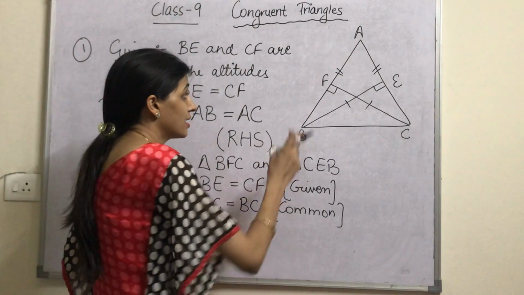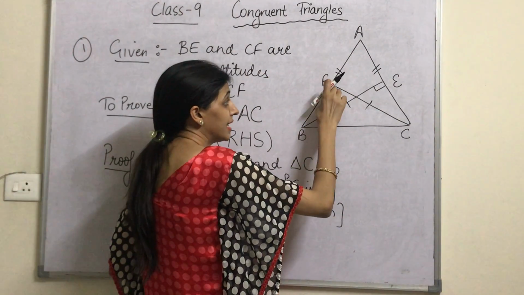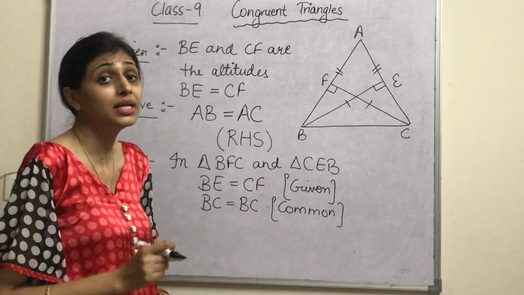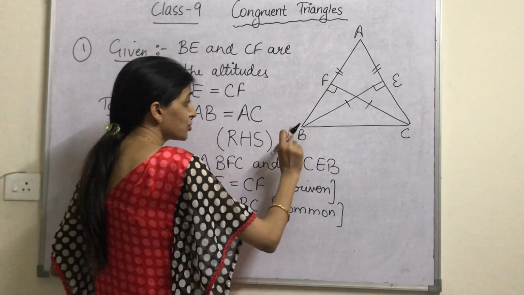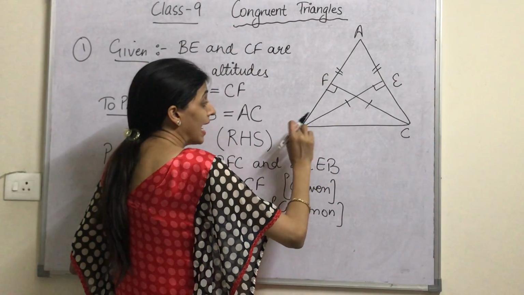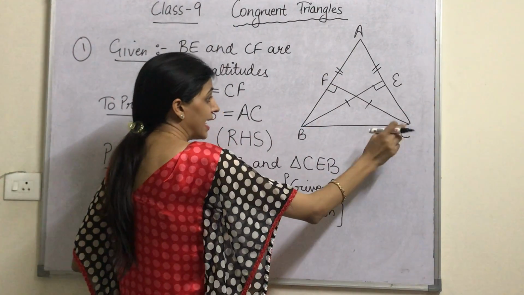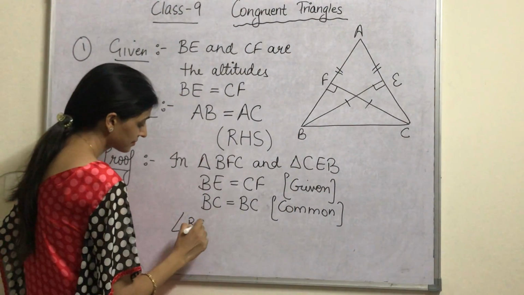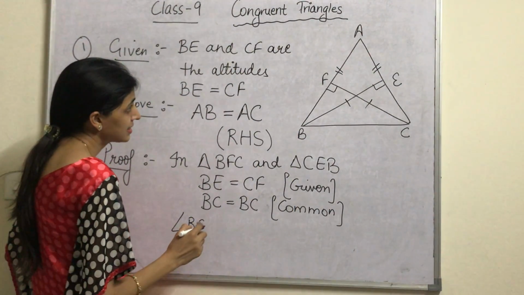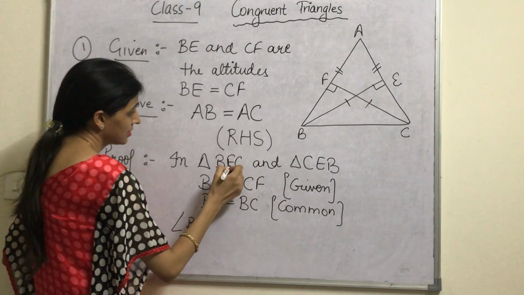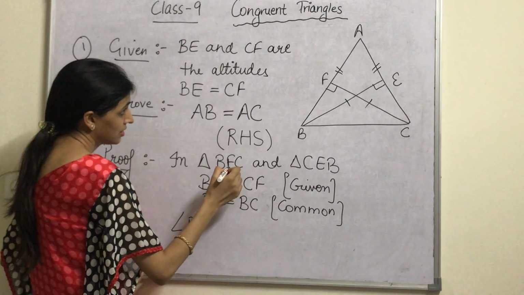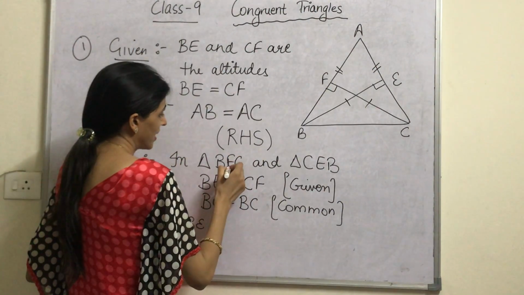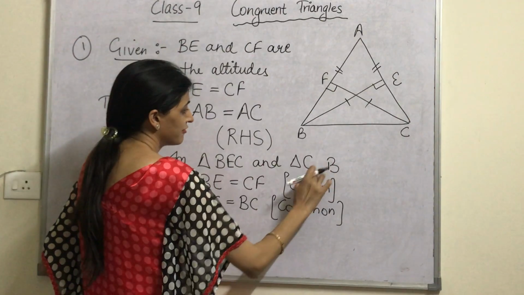What is the next thing? You easily notice this angle and this angle is 90 degrees in both the triangles. So can I write angle BEC and angle CFB equal to 90 degrees?